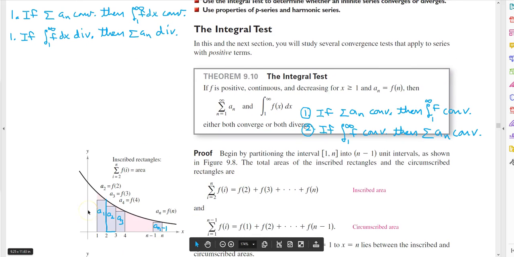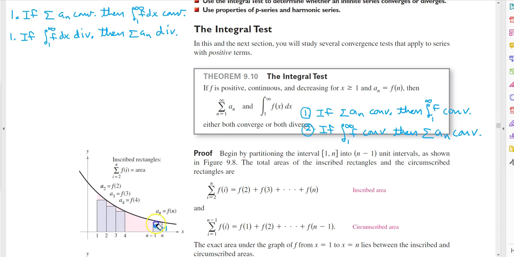Give myself a little bit of room here. So based on that picture then, we have the following result. Okay, so we see that a1 plus a2 plus dot dot dot plus a sub n minus 1 is actually bigger than or equal to the area underneath the graph of your function from 1 to n.